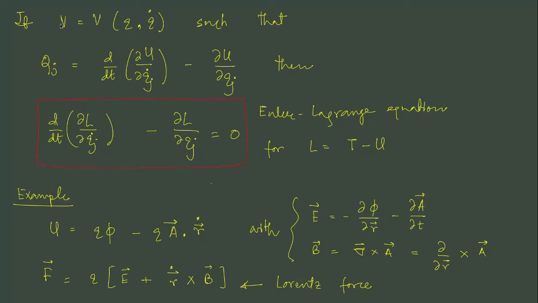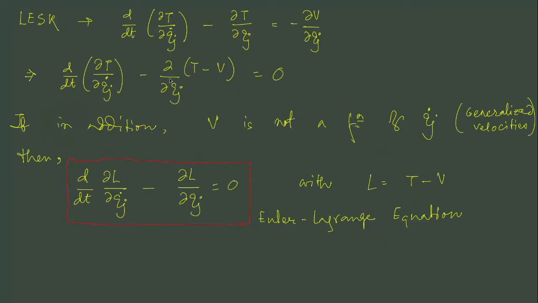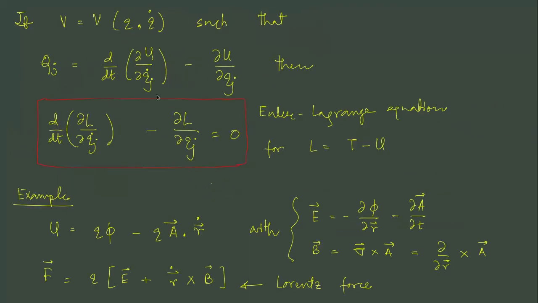So here instead of V, it should be U. If we have a U, a potential which is a function of generalized coordinates and generalized velocities such that the generalized force is given by this form, then of course we can club it with the kinetic energy part here, and what we get is d/dt of ∂L/∂q̇_j minus ∂L/∂q_j, the same Euler-Lagrange equation, but this time the Lagrangian is written in terms of T and U, not T and V.